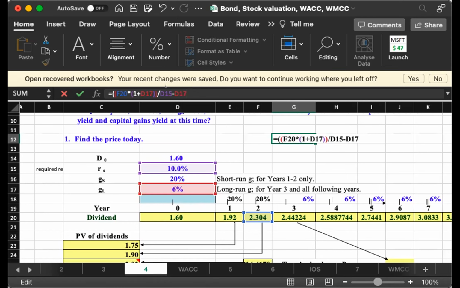But the formula is dividing by the difference between D15 minus D17, right? Yes, sir. Okay, so what do we do with that?